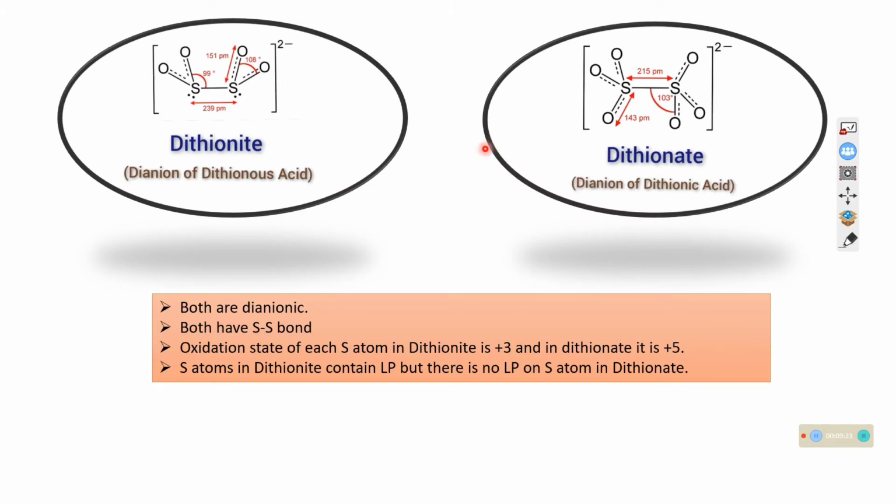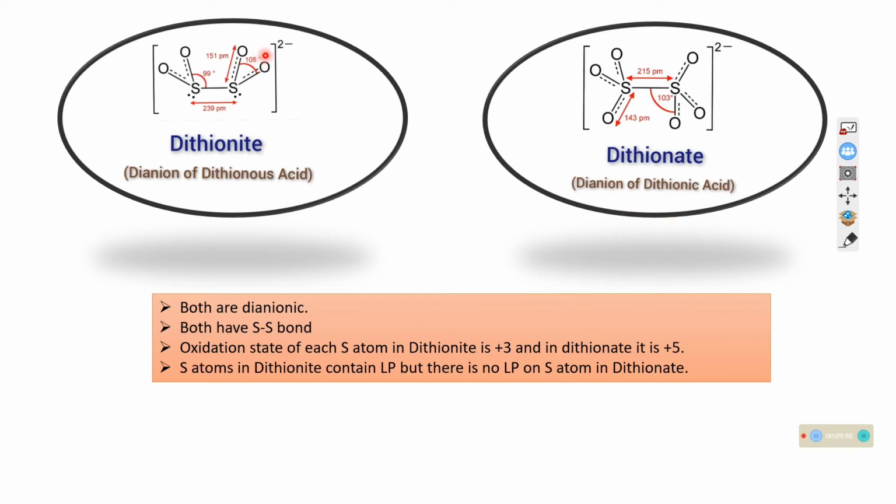Here are some comparisons, some similarities and some differences, as we discussed previously in the case of the acids. These are the conjugate bases or dianions of those acids. Dithionite is the conjugate base of dithionous acid. Dithionate is the conjugate base of dithionic acid.